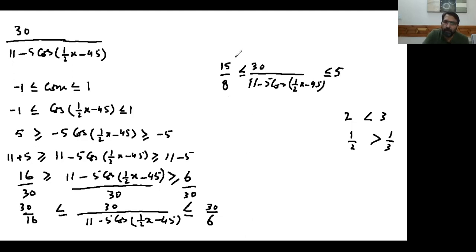So the minimum value of this function is this, and the maximum value is going to be 5. Again, we see both the values are positive, so the graph of this function will lie above the x-axis.